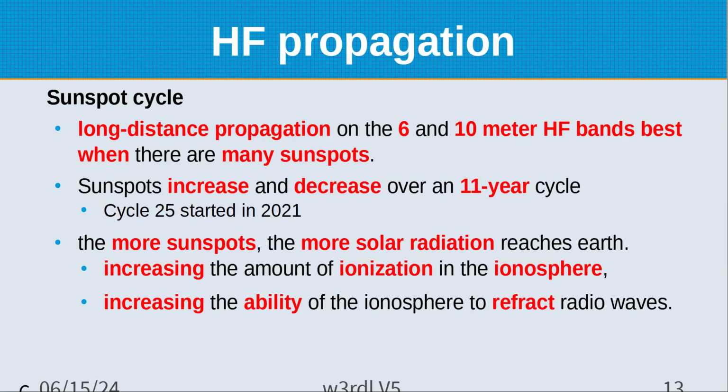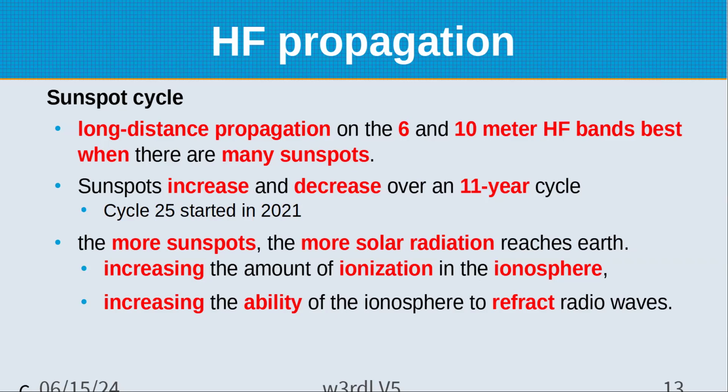Okay. Sunspot cycles are what actually affects the propagation, because it increases the amount of radiation that the ionosphere is receiving. So it increases the amount of ionization.